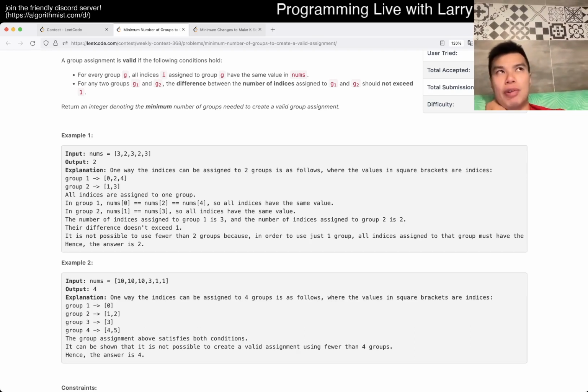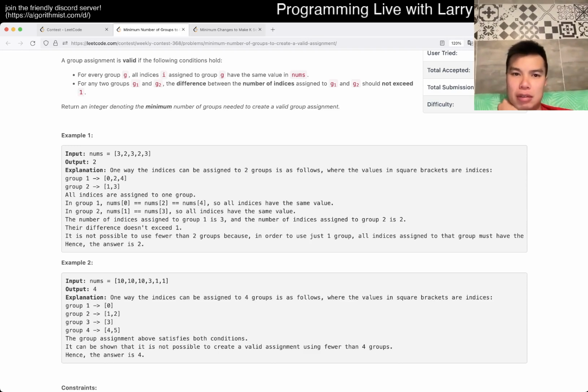Is the number of groups always one of the numbers? But even then it may be n squared, so I don't know that that's fast enough.